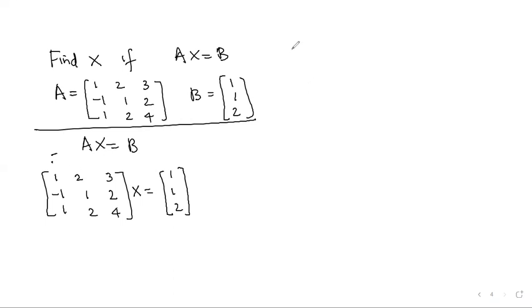So our steps are: A11 should be made 1, A21 and A31 should be 0. After that, the middle one, A22 should be made 1, then A12 and A32 should be 0.